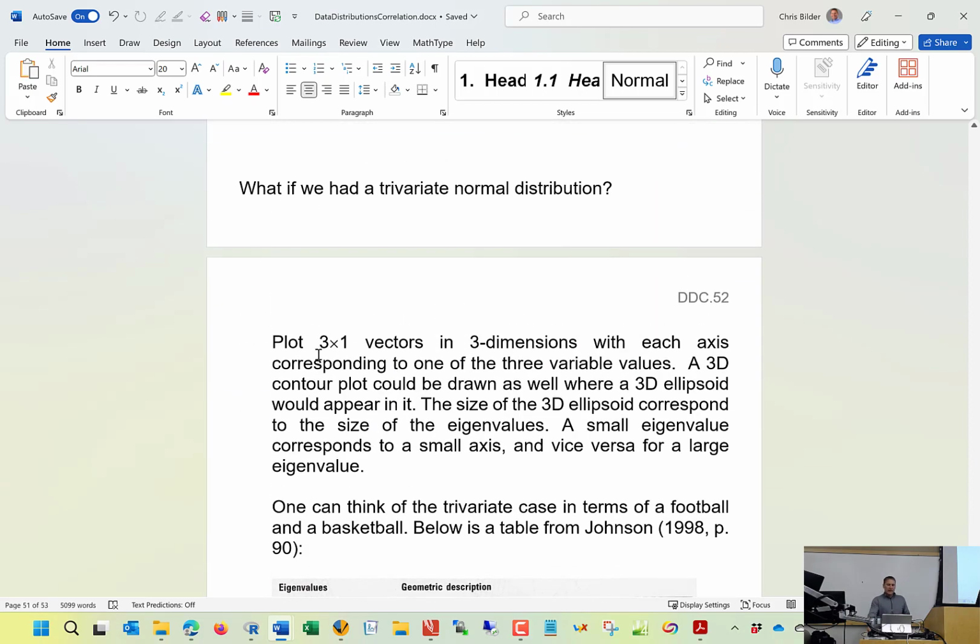Now this is the last thing in this part of the notes. Suppose we had a trivariate normal distribution. So now you can imagine an x-axis, a y-axis, and a z-axis. And one could actually plot contours in a 3-dimensional sense for that trivariate normal distribution.